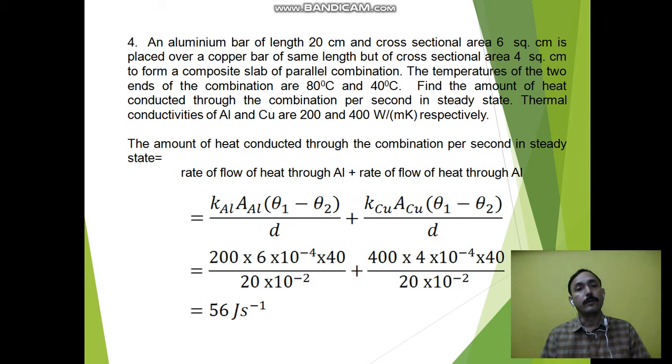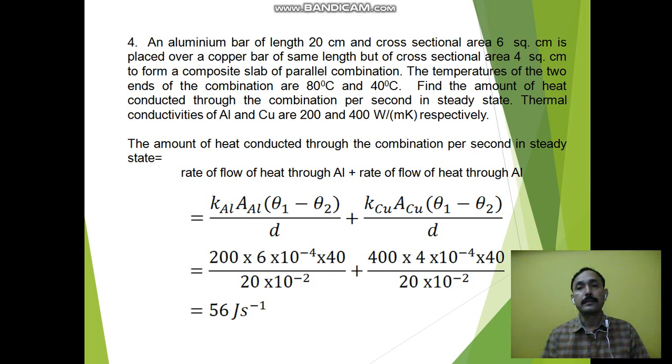The last problem: an aluminium bar of length 20 centimeter and cross-sectional area 6 square centimeter is placed over a copper bar of the same length but of cross-sectional area 4 square centimeter to form a composite slab of parallel combination.